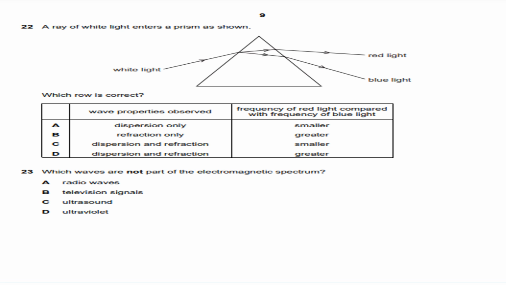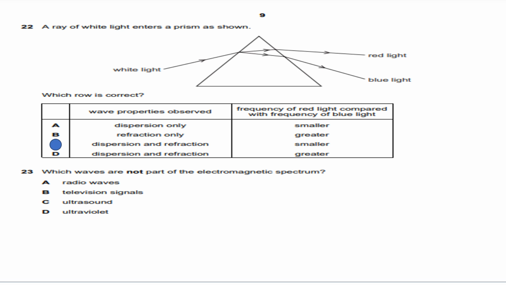Then the second medium, glass to air, the visible colors red and blue, etc. So here at first dispersion and refraction, and the wavelength of red light and blue light. So red light wavelength is larger than blue light. So here C will be the correct answer.